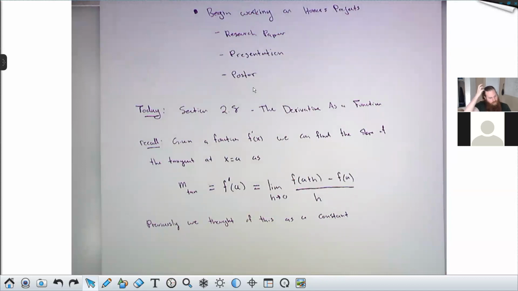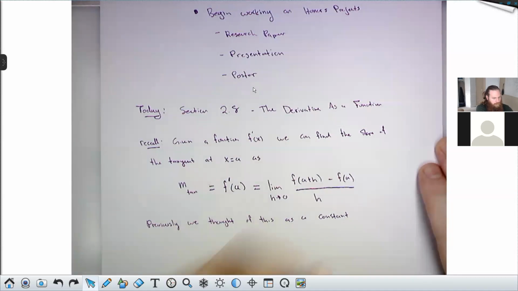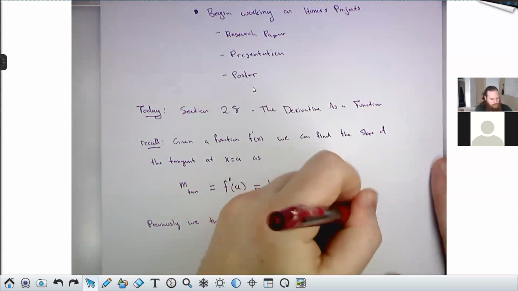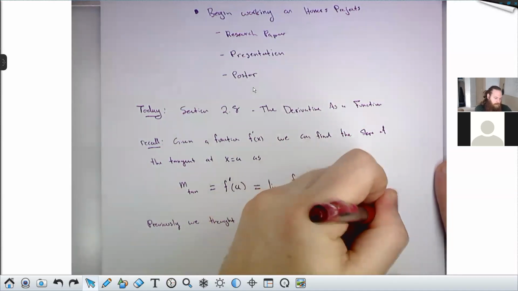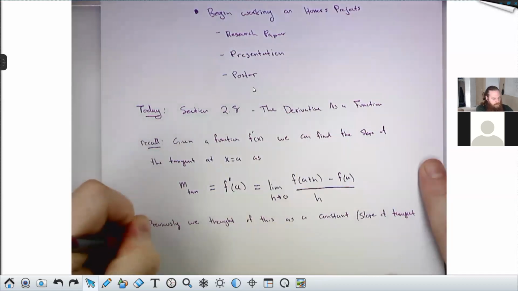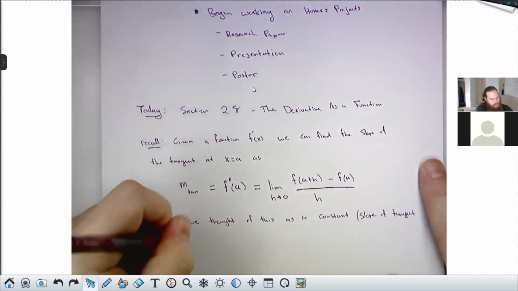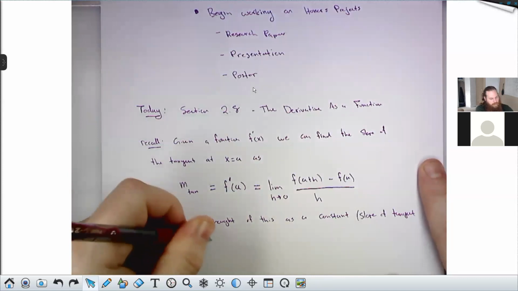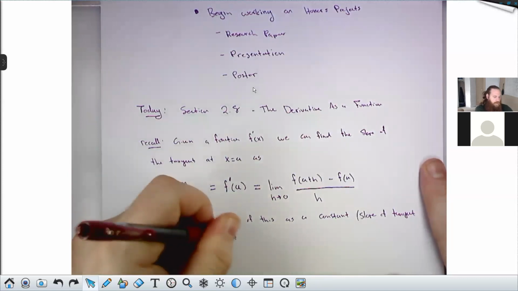So I want to start thinking of this base point a, instead of being a constant, as being a variable. The slope of the tangent at the constant input a.